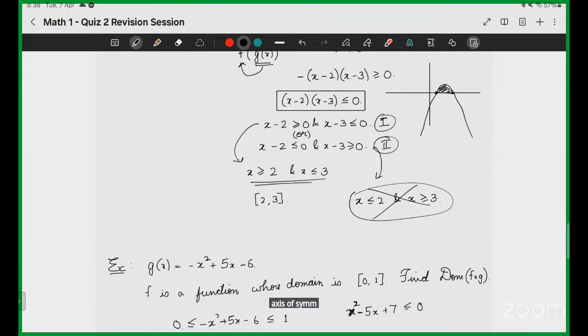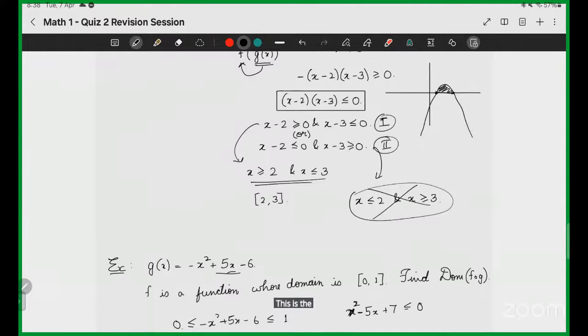The axis of symmetry is 2.5 here. Now, what's the problem? What will be the answer for this, sir? You want it to be less than or equal to 1. At 2.5, what happens to this function g of x?